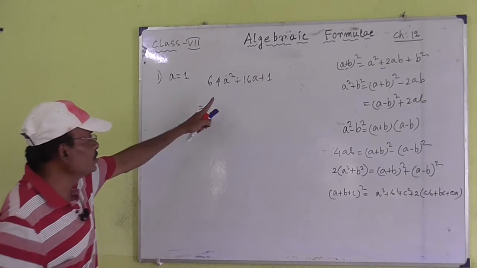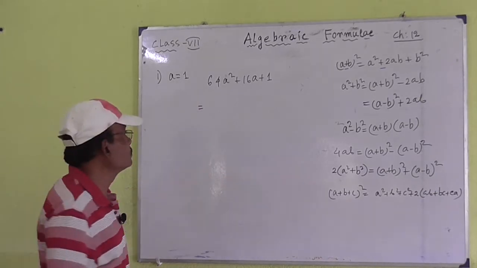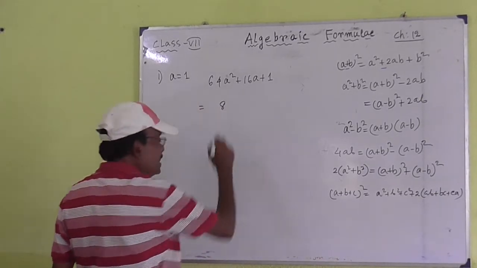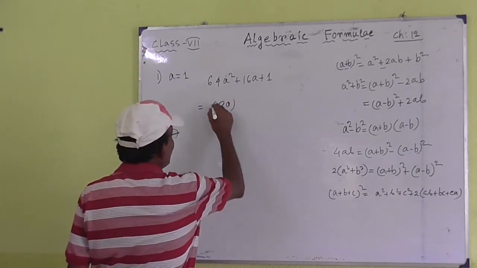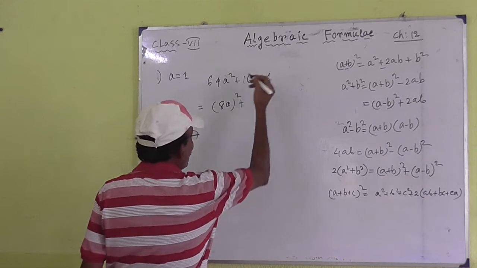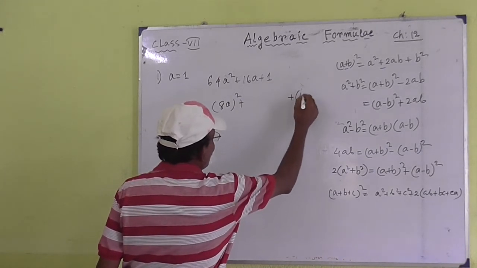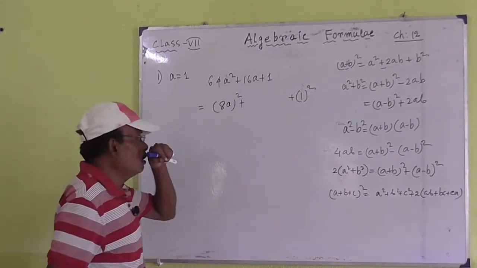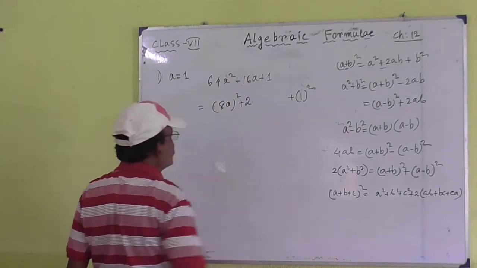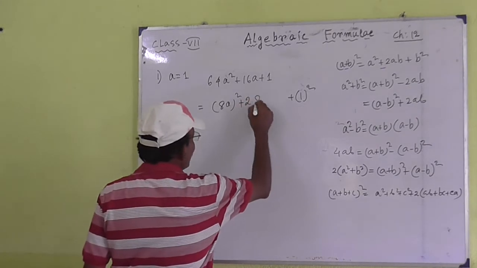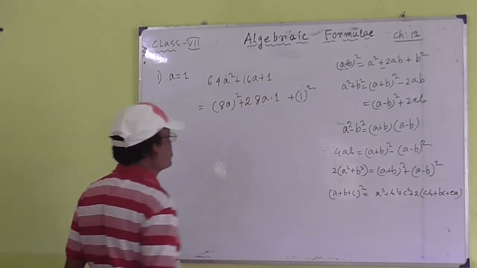If we arrange it in square form, 8 8s are 64, so 8a whole square, plus 1 means 1 whole square. 16 can be arranged as 2 into 8a into 1.